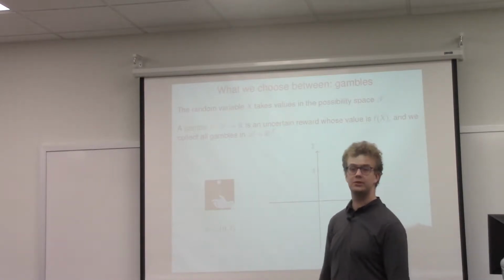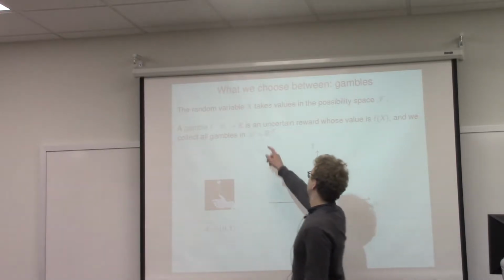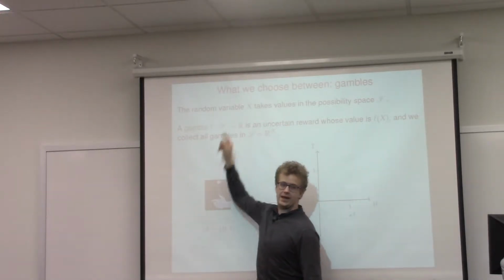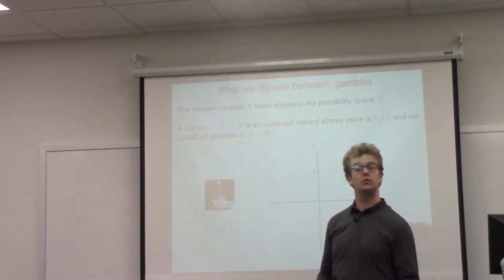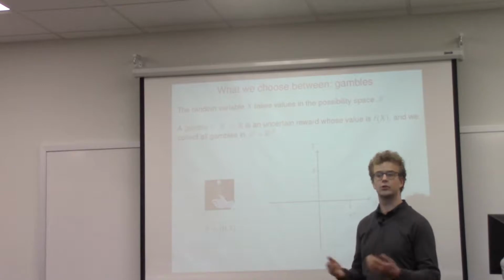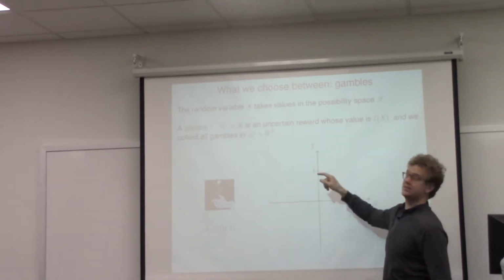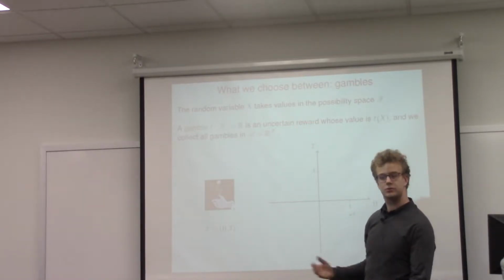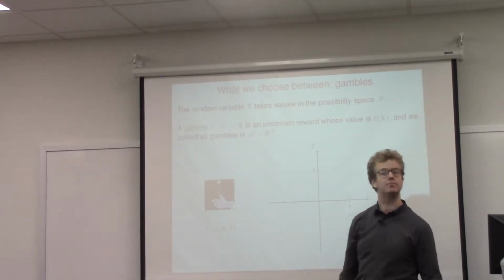We choose between gambles. How does it work? Well, consider an uncertain quantity, capital X. It's a random variable. It's something whose value is not known to you, or not precisely known, but it assumes a value in a possibility space, curly X. I will assume for the sake of argument that the set is finite, but that's not necessary for most of the concepts I will explain.